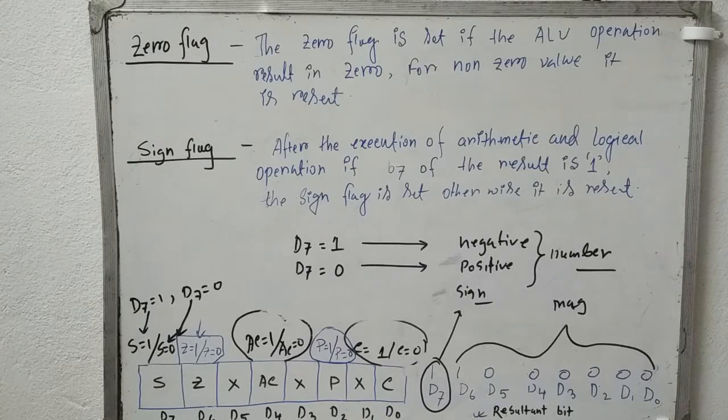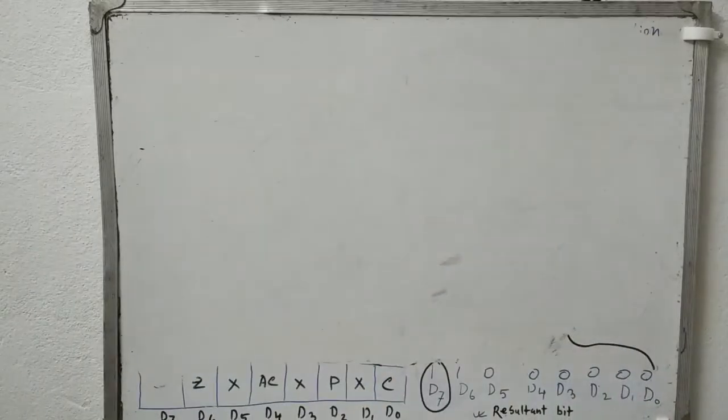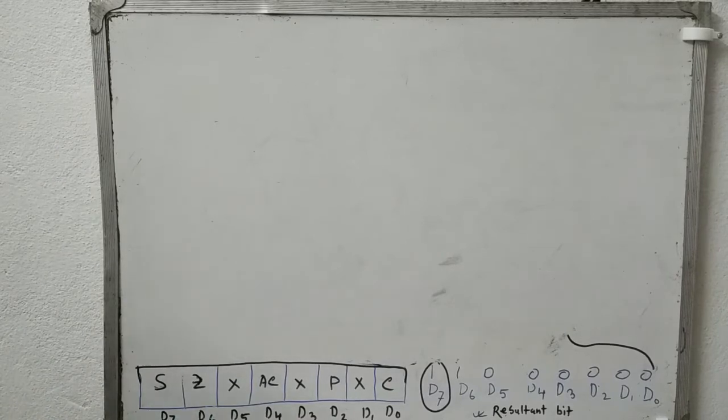Okay, so that was all the flags that we have already discussed. Now let's take an example and try to set or reset all the flags available here in this flag table.